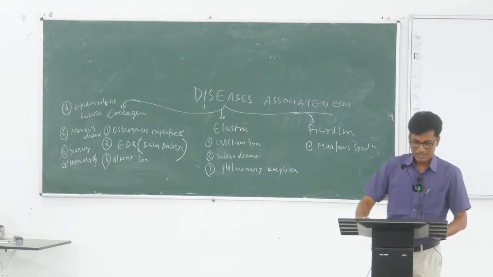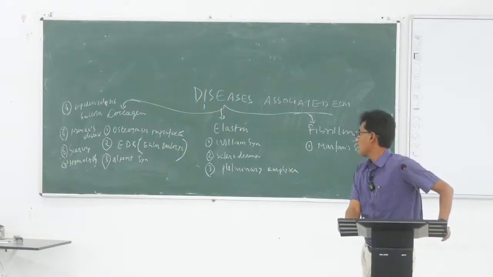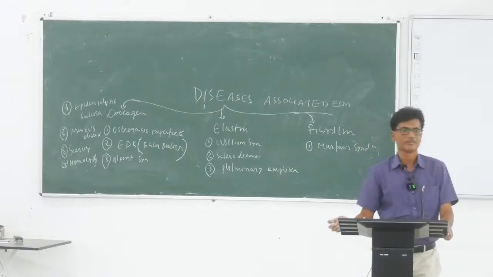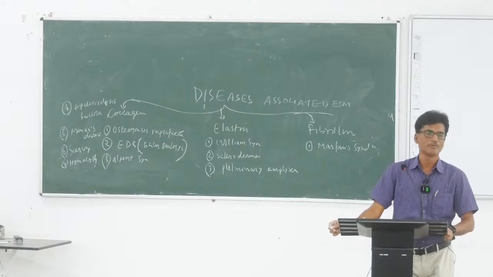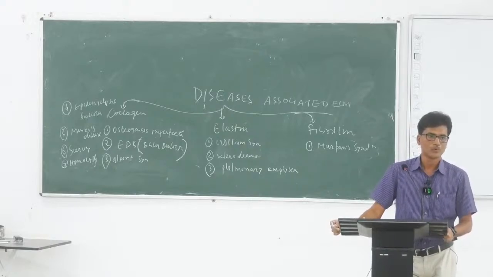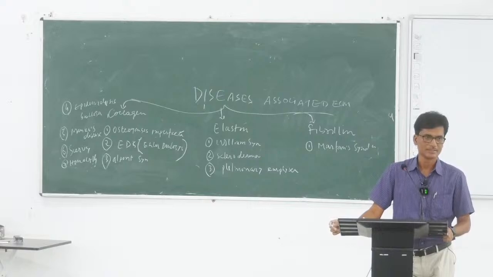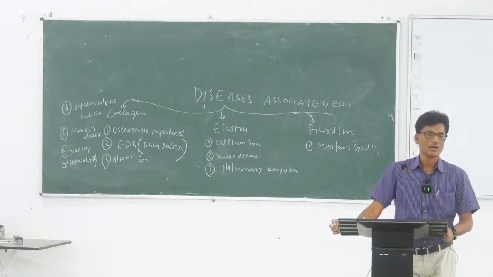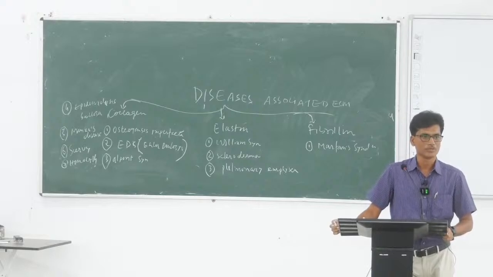Next I am coming to Alport syndrome. Alport syndrome is a type 4 collagen disease. This type of collagen is present in the basement membrane of the glomerulus. Under the electron microscope, the structural unit of the glomerulus is seen abnormal.